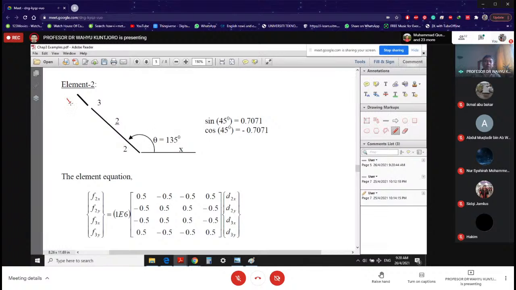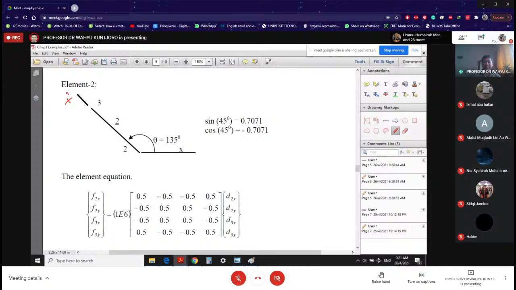So I'm going to write x local over here. And of course, you know your theta, measured from x global to x local. And you can have your equation. Now, please take a look that our equation is from 2 to 3. 2, 2, 3, 3. So that's the nice thing about it.